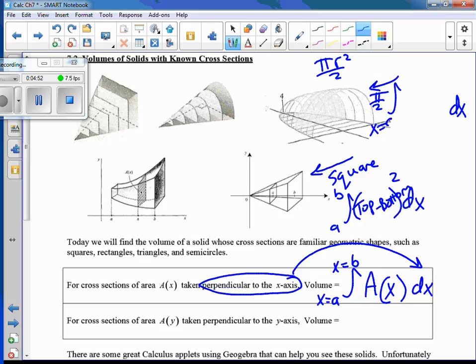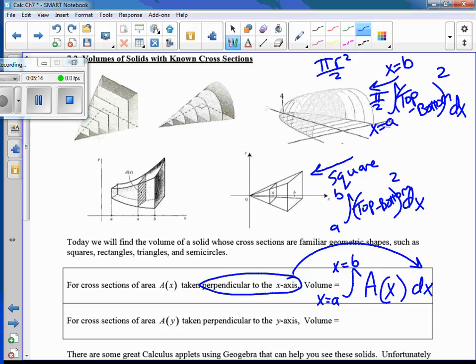You would have your lower boundary, x equals a, and your upper boundary, x equals b. And then you need to integrate the area. What's the area? Pi r squared divided by 2. Since I already have pi over 2 outside, I just need r squared inside. And of course, if this is with respect to x, you do top minus bottom.